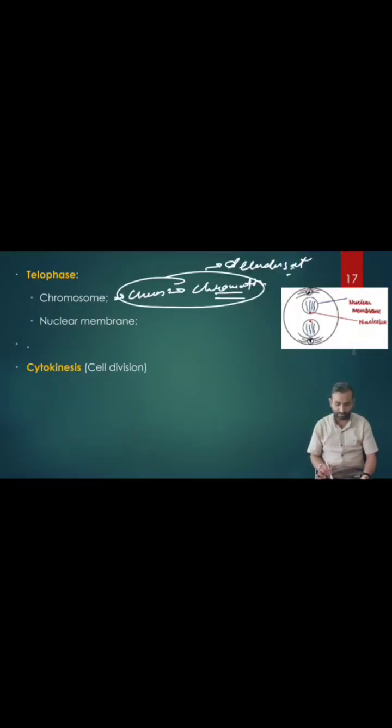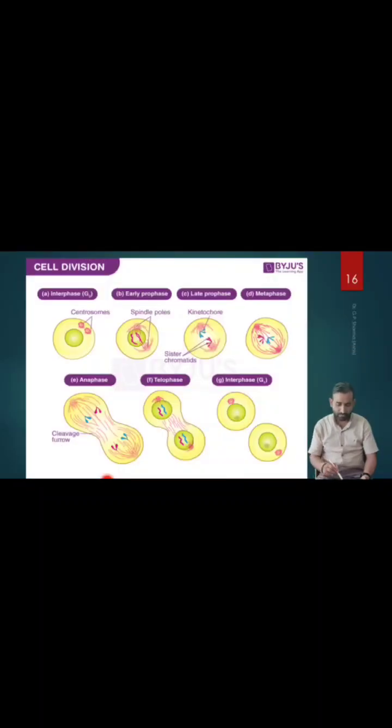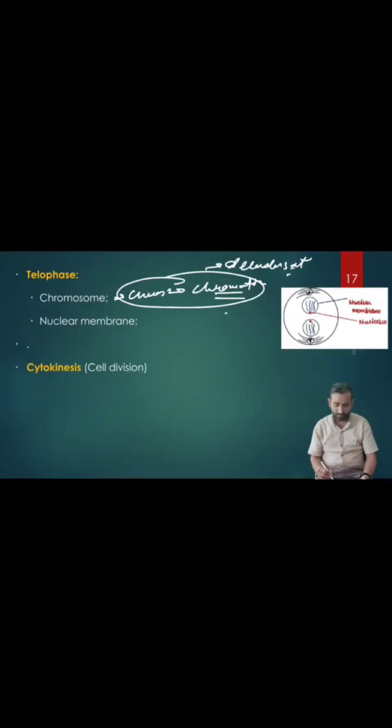So see, in the earlier phase, individual chromosomes could be studied, but now they all become like this coil structure. So the individuality will be lost. Individuality means we cannot study the chromosomes individually now. So the individuality of the chromosomes will be lost, because all of them become chromatin, right?